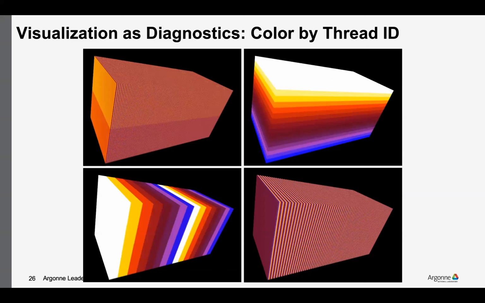And so we made a switch in the code. Instead of looking up the value where we intersected the data, we colored it by the thread ID of the process that was looking up the data in that location. You can see that by changing the way that we laid out the threads, you get a very different layout.